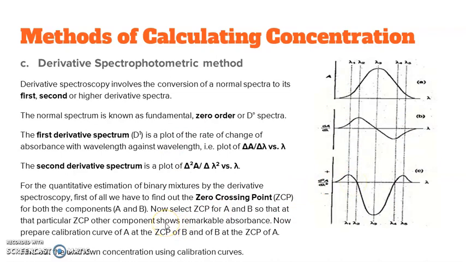So for quantitative estimation of multi-component mixtures by derivative spectroscopy, first of all we have to find out the zero crossing point. What do we mean by the zero crossing point? We have derivatized this spectra from zero order to first order. You can see this peak in zero order has been converted into this.